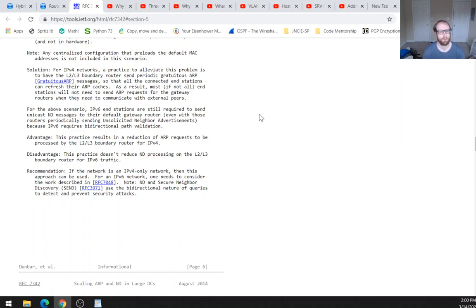As a result, most, if not all, end stations will not need to send ARP requests for the gateway routers when they need to communicate with external peers.